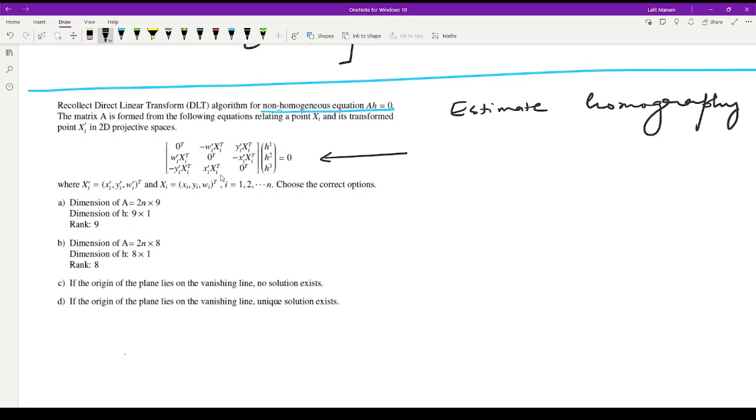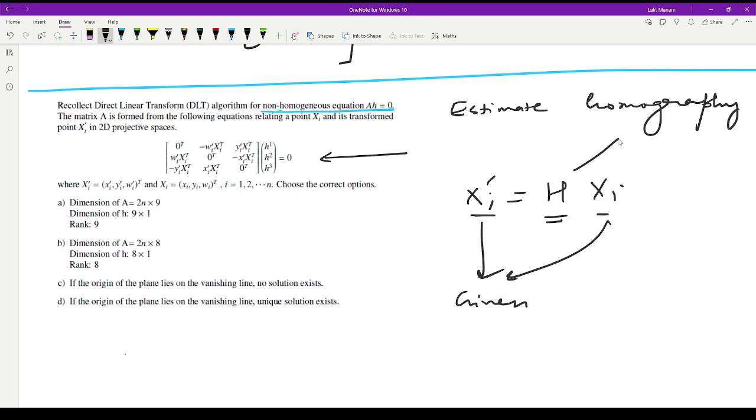I'm using the notation given in the question. So we have that xi prime equals H into xi, where H is the homography matrix that needs to be estimated, and you are given that this point and this point in the two planes belong to the same 3D point. So these are given to us, and you need to estimate the homography. That's the aim of this question.